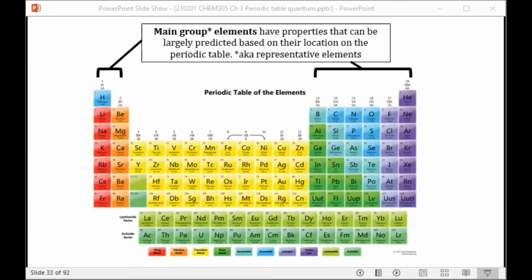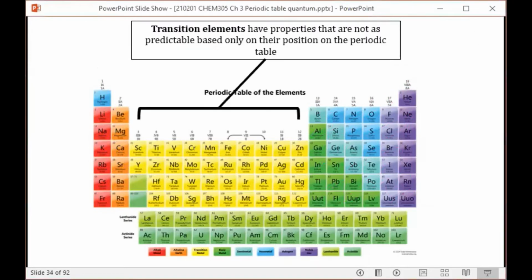Okay, next. After the main group elements, we have what are called the transition elements. These are the elements that are in the B group, or dropped down on the periodic table. All of the elements in here are our transition elements, or B group elements.